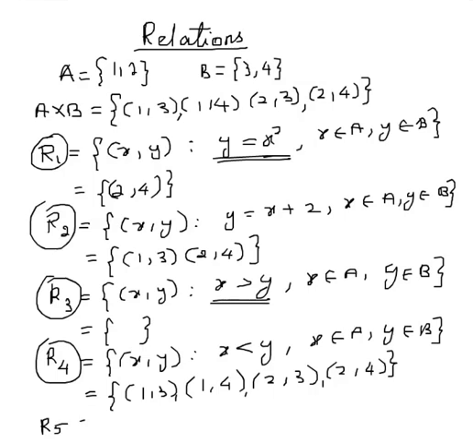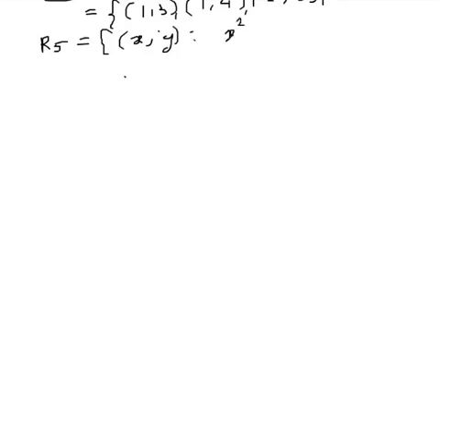Now I am defining another one. Let us consider this relation as set of all (x, y) such that x square is less than or equal to y, where x belongs to A and y belongs to B. Let us list out the elements satisfying the given condition. 1 square is less than 3. 1 square is less than 4.